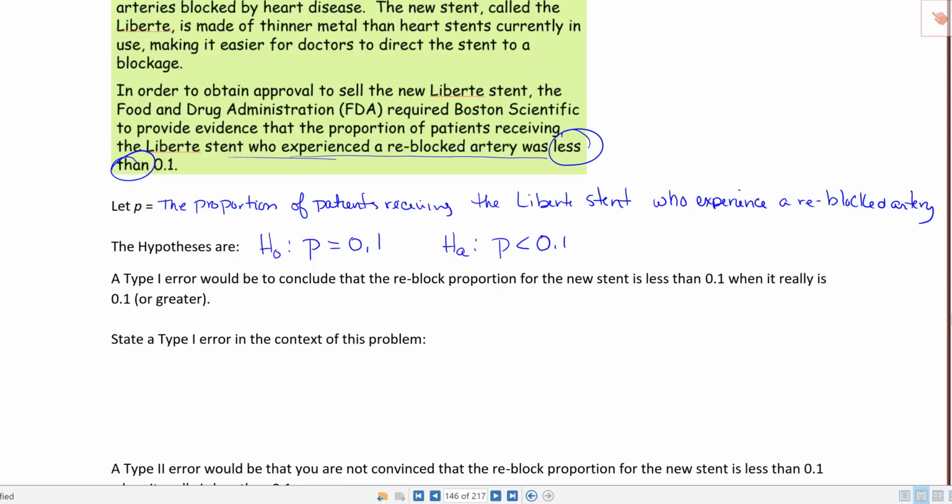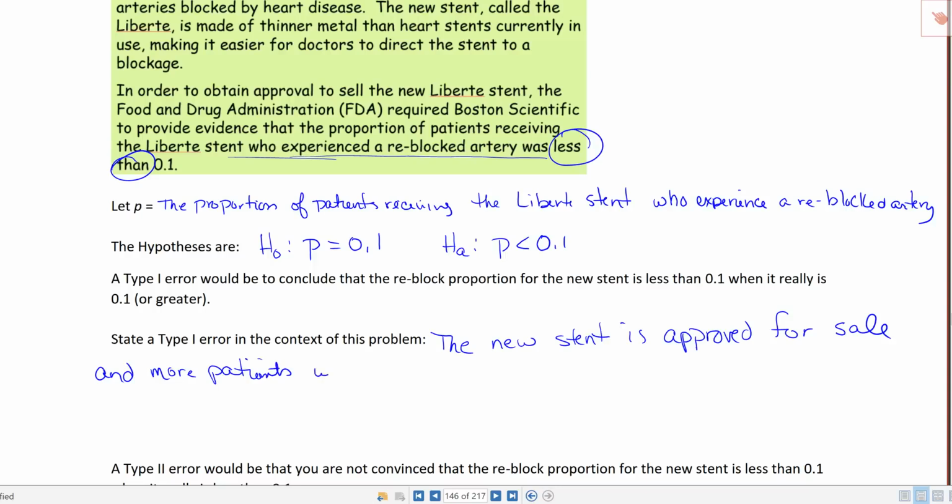So what does that mean in context of this problem? It means that the FDA would approve the new stent for sale, and then more patients will experience reblocked arteries.